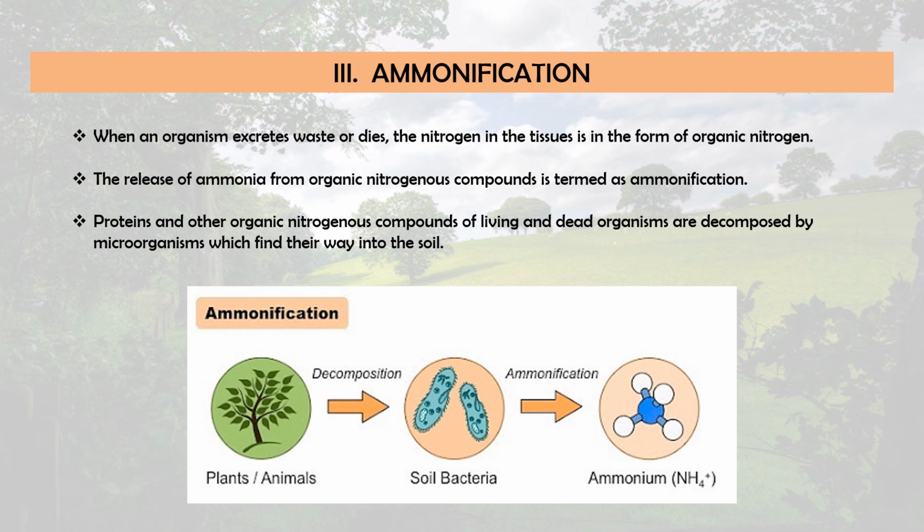Proteins and other nitrogenous compounds of living and dead organisms which find their way into the soil are decomposed by some microorganisms, and these organic nitrogenous compounds are hydrolyzed by some proteolytic enzymes into amino acids and similar compounds, and the amino groups are split off to form ammonia.